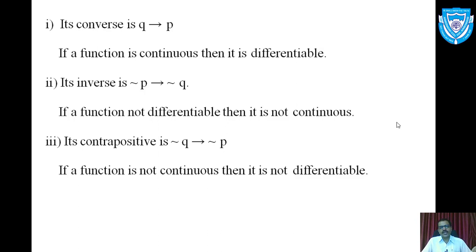Its symbolic form is negation of Q implies negation of P. The theoretical form of the contrapositive is: if a function is not continuous, then it is not differentiable. So for the given statement, we can obtain its converse, inverse and contrapositive.